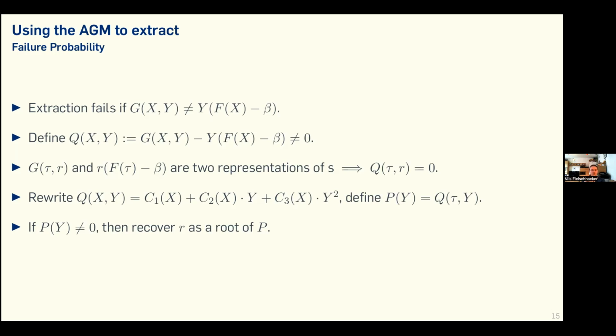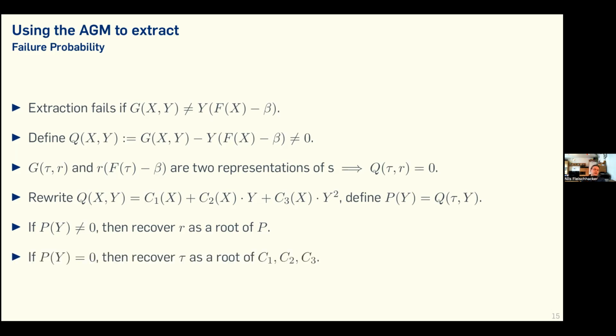Now if we do a reduction to the q-DLOG assumption, we can put our challenge of the DLOG assumption into r and then recover it if all of this turns out to be true. Which means that the probability that this can be true is only negligible, because otherwise we would be able to break the q-DLOG assumption by recovering this.